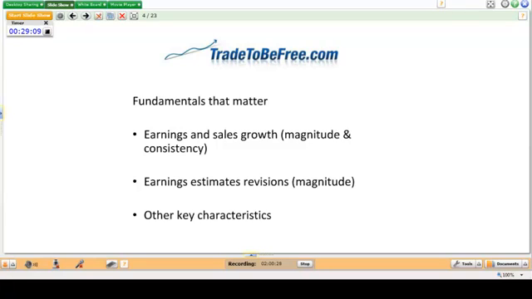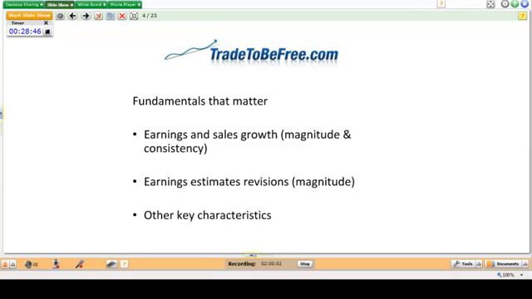One proof of that is the Zacks ranking model, which has been around for about 25 years now. What they do is rank stocks based on their ability to beat estimates and whether their earnings are trending higher or not.